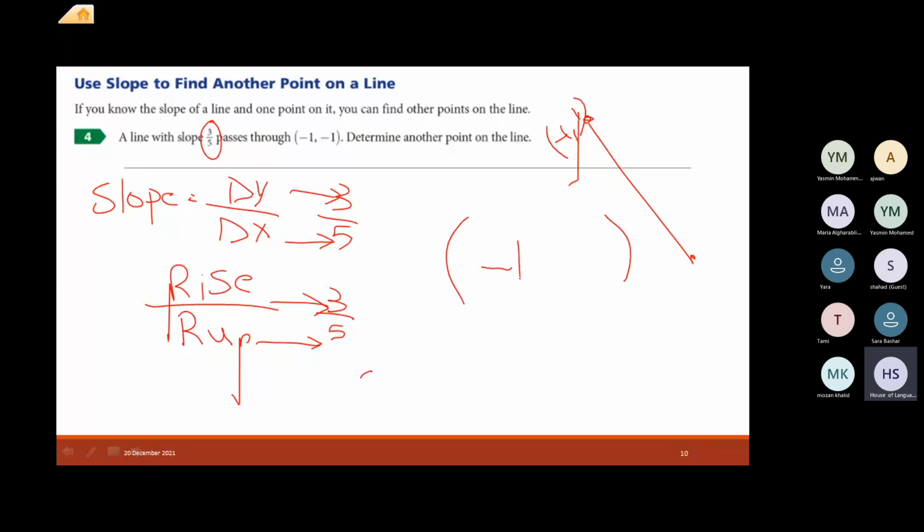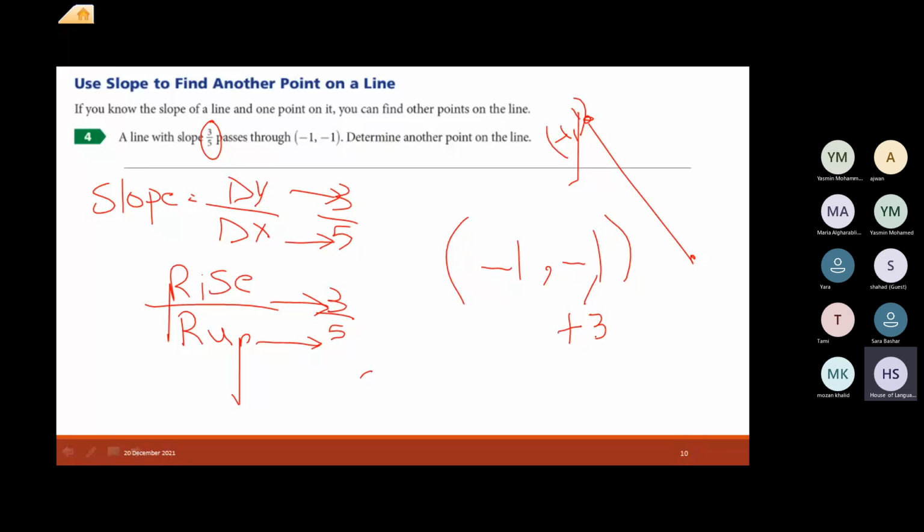We have -1, -1. This is a point that is given. Layal, stop writing. Look at me. I told you that delta y is 3. Where's the y here? The second one. So I will add 3 here because the 3 is a change of y.